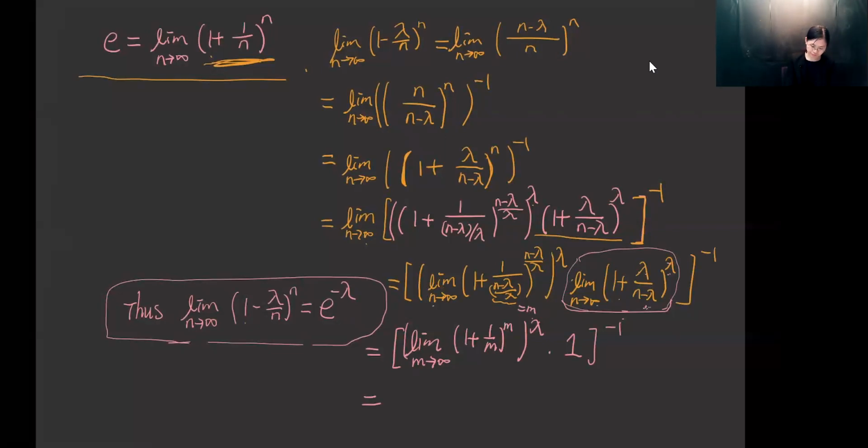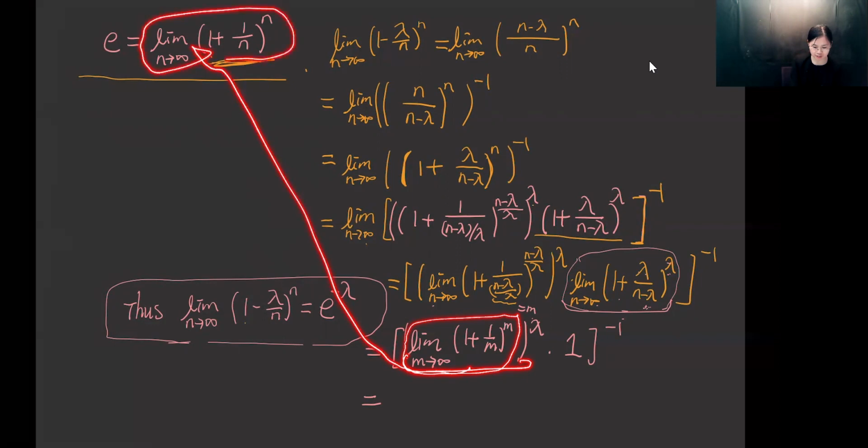Therefore, we obtained this formula. Now in this formula, observe that this limit inside this lambda power function is exactly the same as this limit on the right-hand side of the definition of E, except we have n here but m here. But that doesn't matter because that's just a notation.